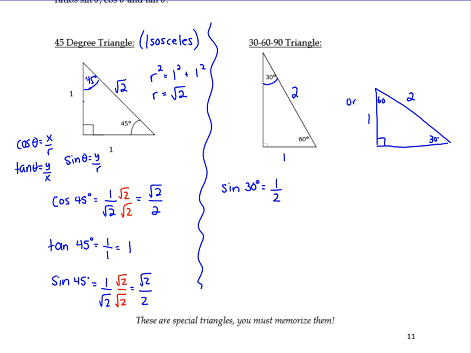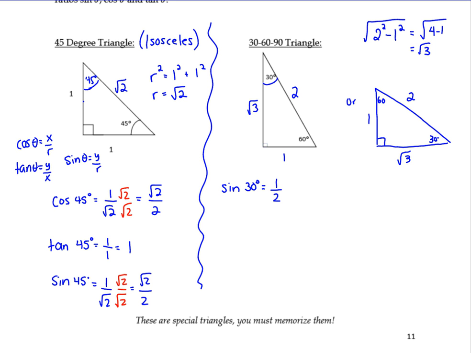So how would I figure that out? Pythagorean. So I'd have to go 2 squared minus 1 squared, and then square root that. 2 squared is 4, minus 1 gives you root 3. Okay.